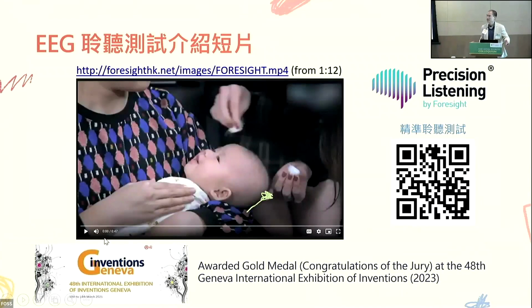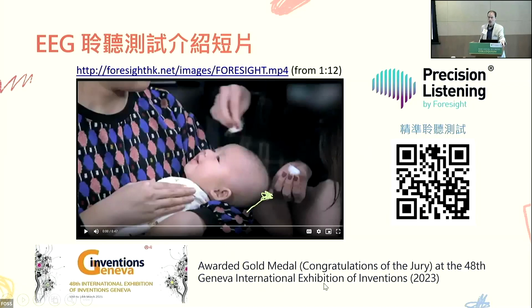I'm not going to play you the video, but if you're interested, you can look at it. The video shows you how the test is conducted. We have this happy baby. They're not always happy, but in this one they happen to be very happy when we conduct the test. It's a short EEG test that we administer, and then based on the results, we put it into our machine learning model and make predictions.